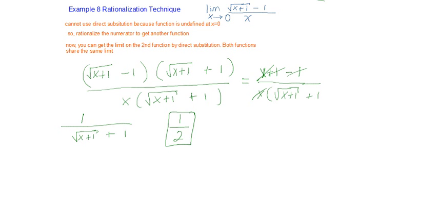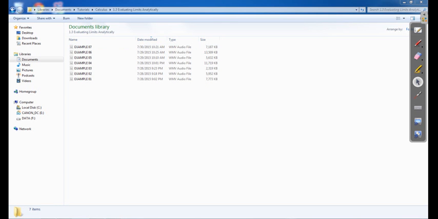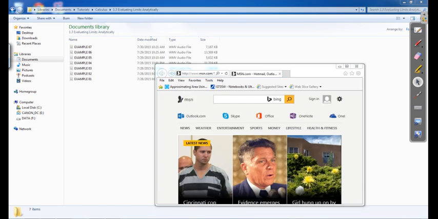So let me graph this one, see what the behavior is. I'm going to go to my graphing calculator. Where's my Desmos?